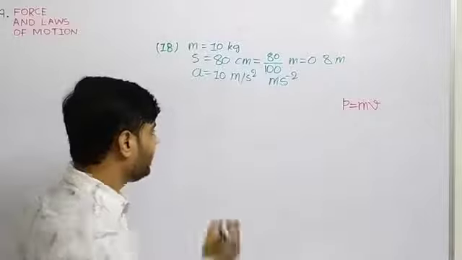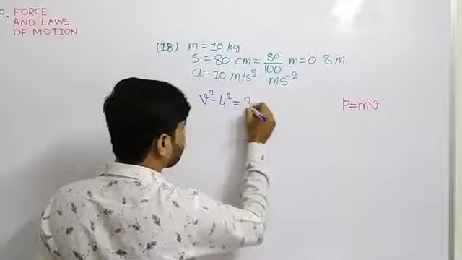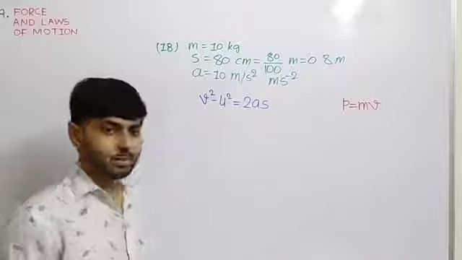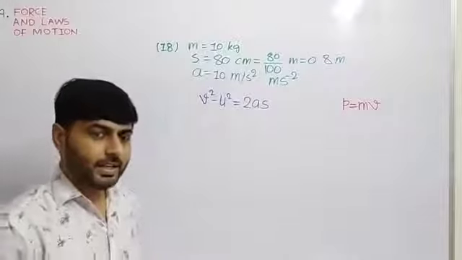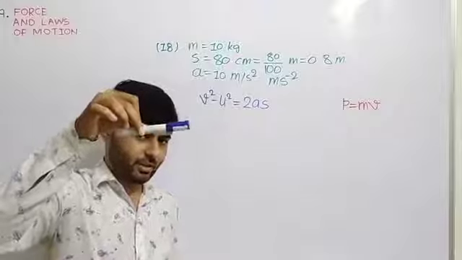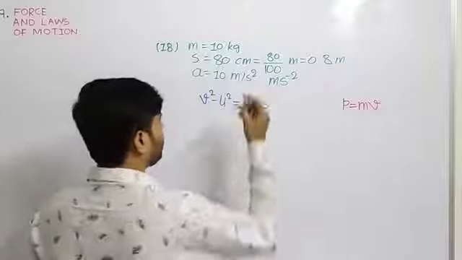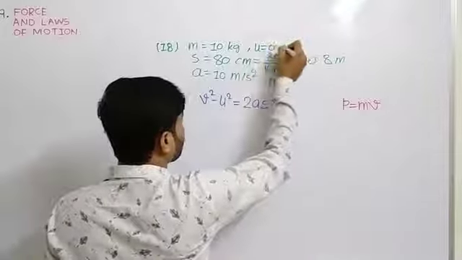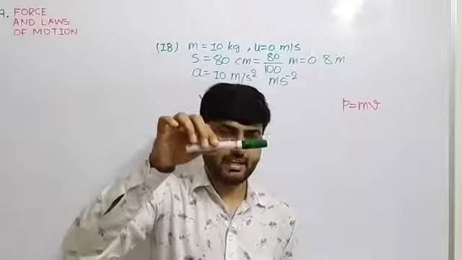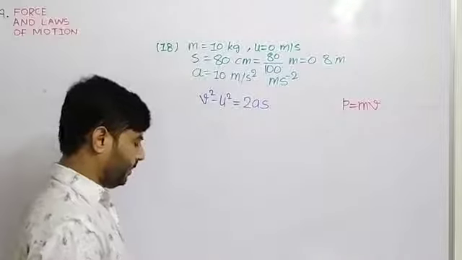We have one formula: v square minus u square is equal to 2as. At the starting position, this dumbbell is at rest, or say zero velocity, so u is equal to 0 meter per second, because when we are holding this dumbbell at a certain height, it has velocity 0.